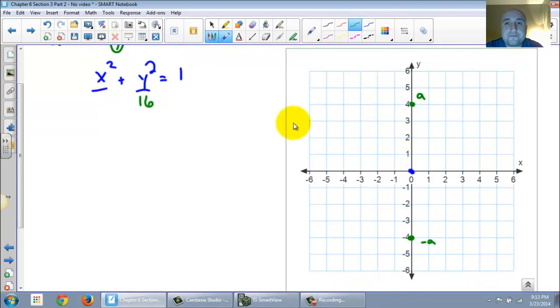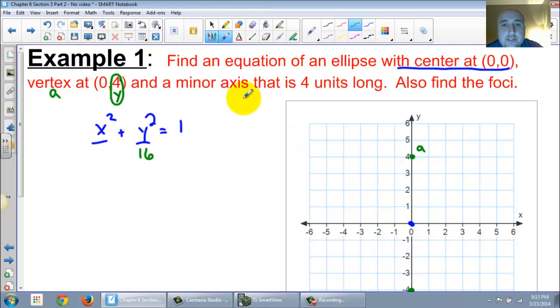What else do they give us? It also tells us that our minor axis, remember minor axis always stands for b, is 4 units long. Now remember that ellipses are always symmetrical. However far to the right you go, you have to go the same distance to the left.